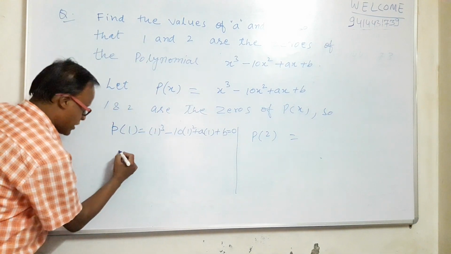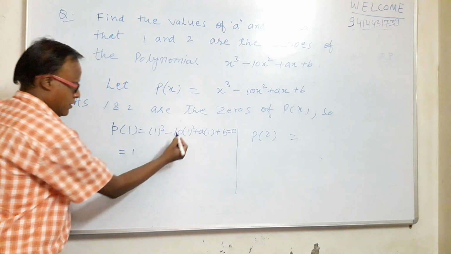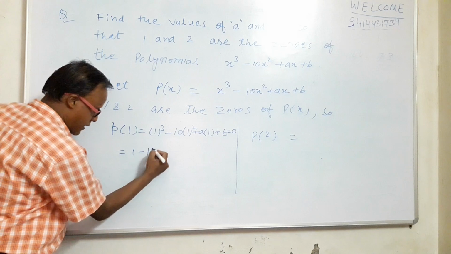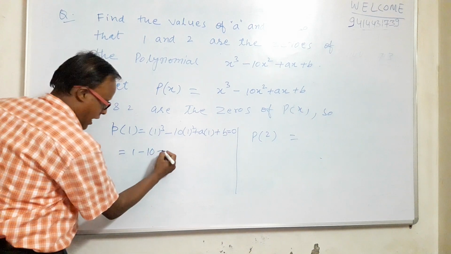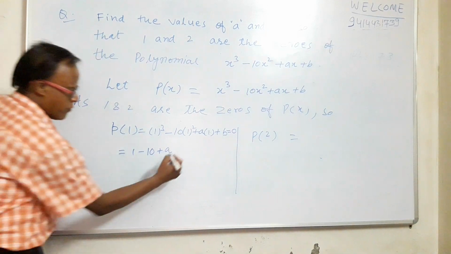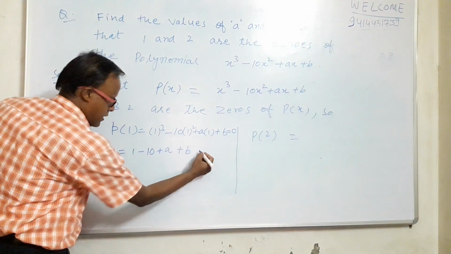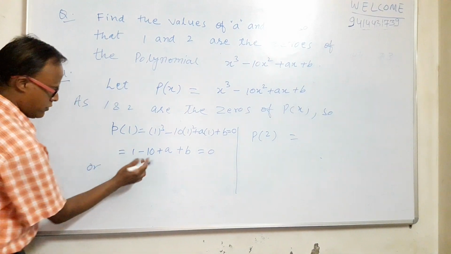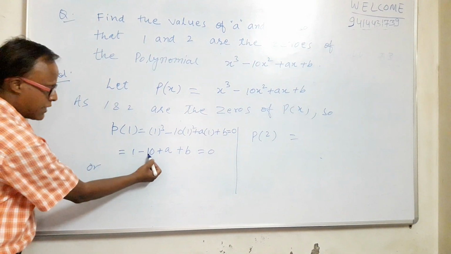So 1 cube is equal to 1, minus square of 1 is 1, times 10 becomes 10, plus a into 1, a plus b is equal to 0, or 1 minus 10 is minus 9.